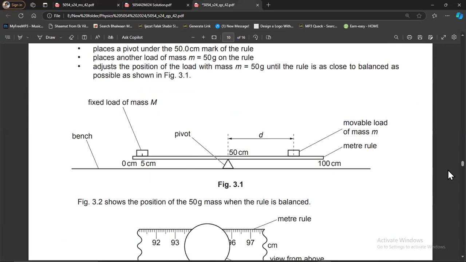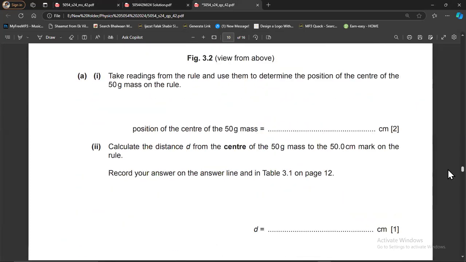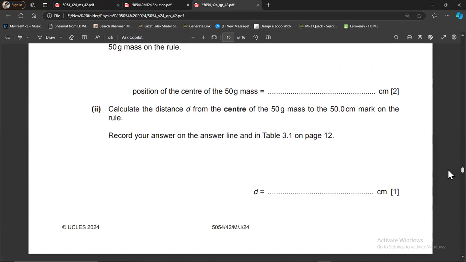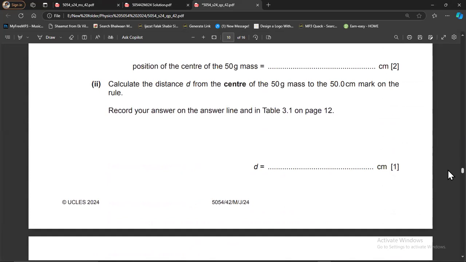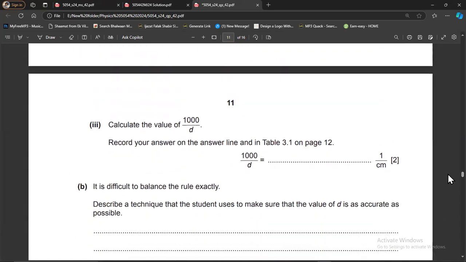Then they say calculate the value of 1000 divided by D. Record your answer on the answer line in table 3.1 on page number 12.